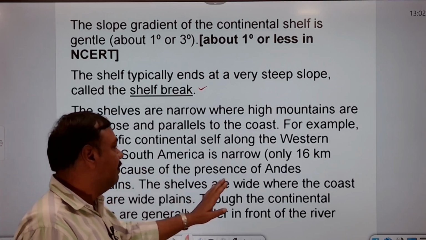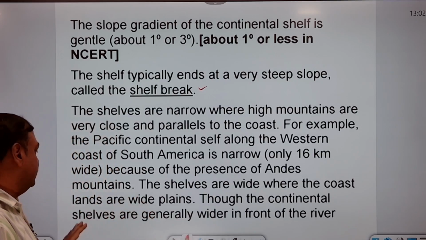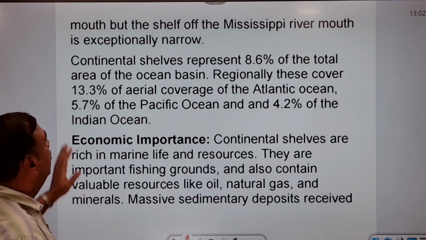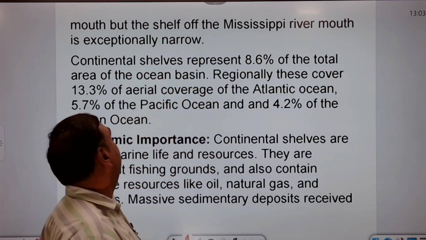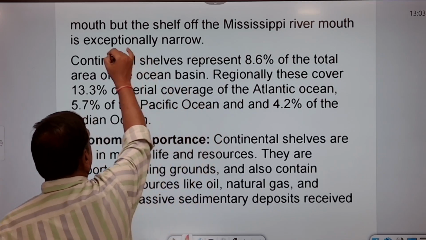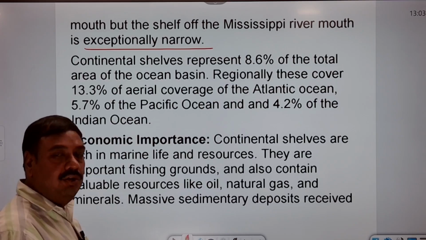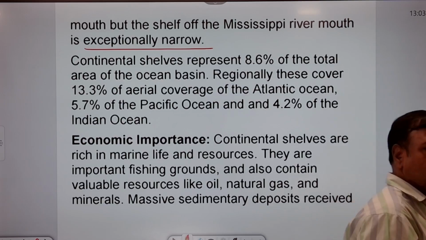The shelves are wide where the coastlands are wide plains, though the continental shelves are generally wider in front of river mouths, but the shelf at the Mississippi River mouth is exceptionally narrow. So it is an exception here.